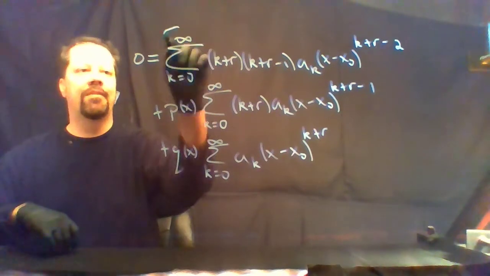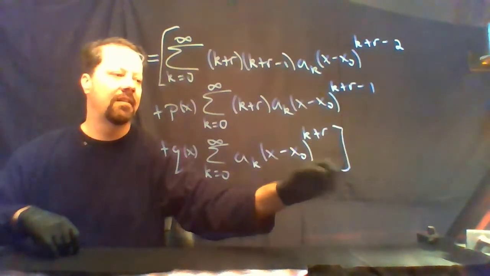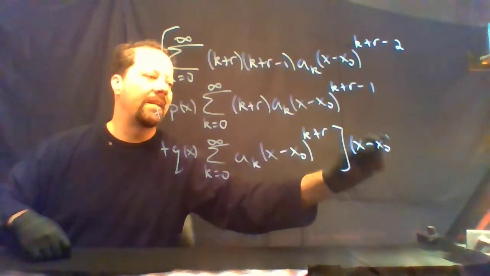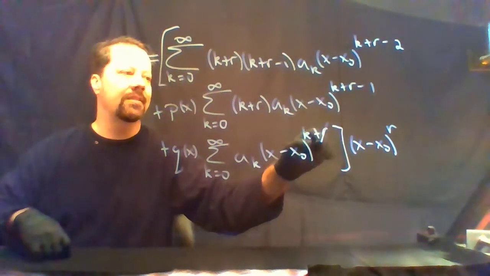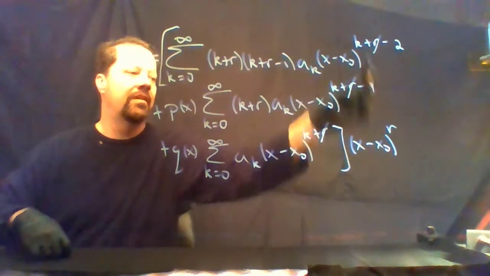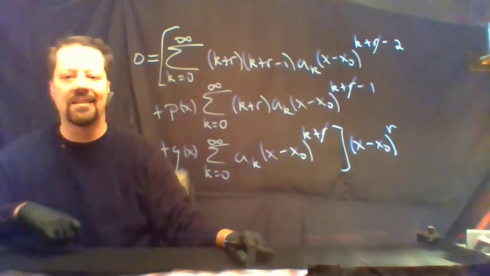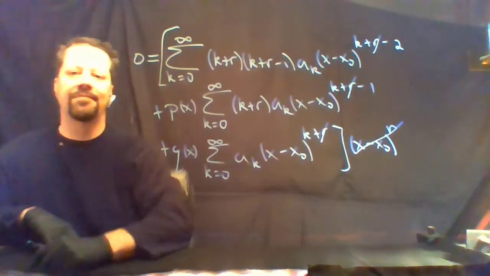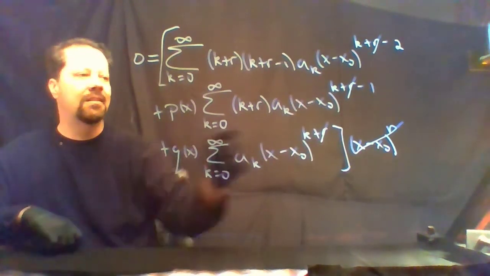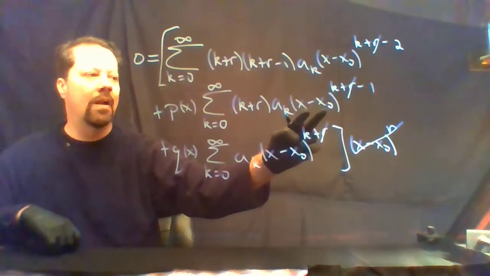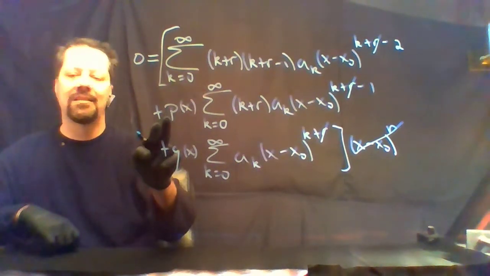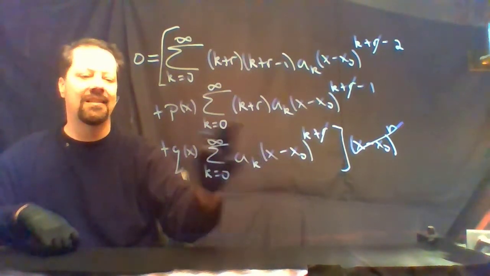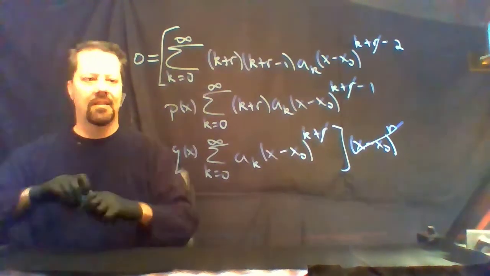Now, from this whole thing, I'm going to factor x minus x naught to the power of r. That's going to take all of these r's away. R factors of x minus x naught are going to come out. And I'm going to divide that off. Second, on this term, I'm going to take one factor of x minus x naught to join p of x, and two factors of x minus x naught to join q of x.